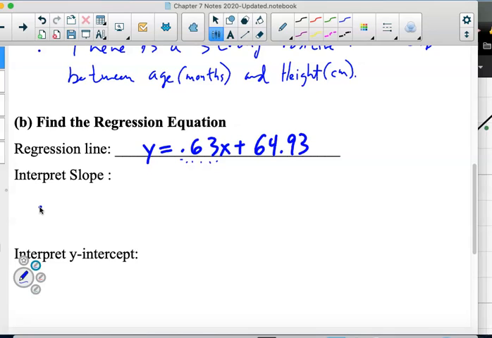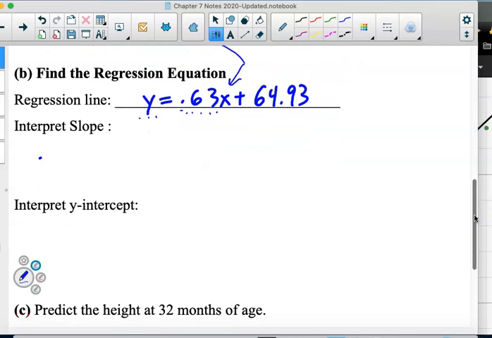Okay, so here's what this means. X is our months. And so this 0.63 means, and y is our height. And so what this 0.63 means is every 1 month I go up in age, my height should go up 0.63 centimeters. Okay, and so that's what that means when it says interpret the slope. So here's what we're going to write.